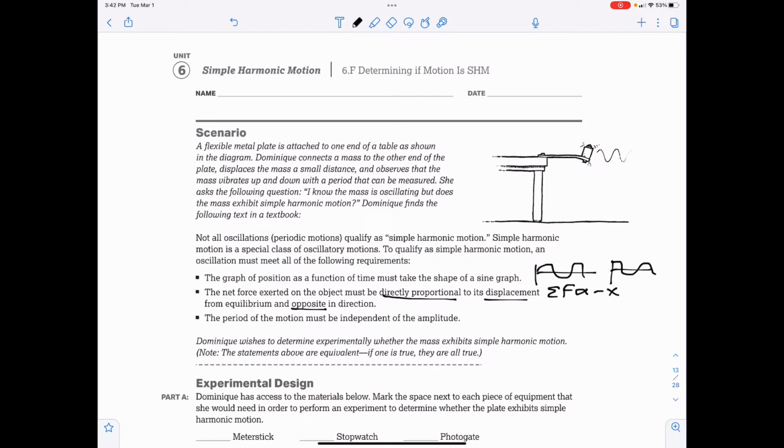And then finally, the period of motion must be independent of amplitude. No matter how big you stretch it, it's going to have the same motion in the same repeating period. Dominique wishes to determine experimentally whether the mass exhibits true simple harmonic motion. Note, the statements above are equivalent. If one is true, they all are true.